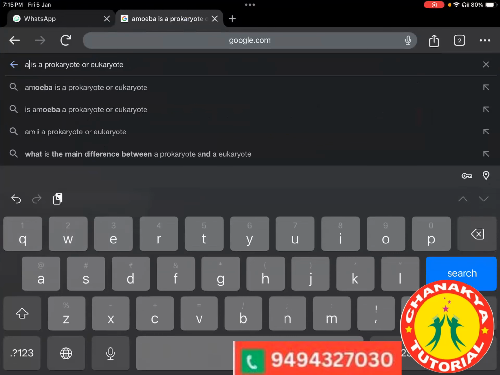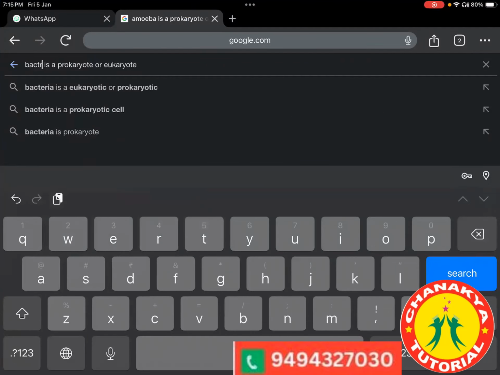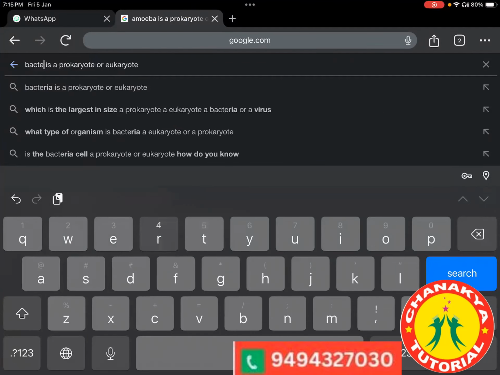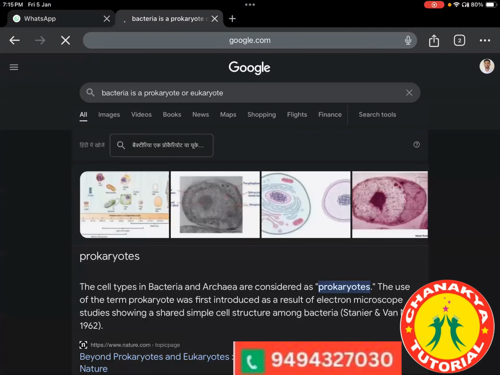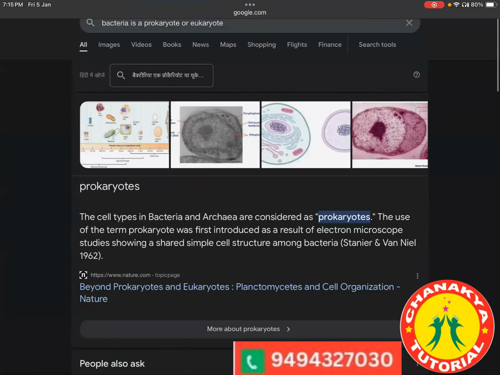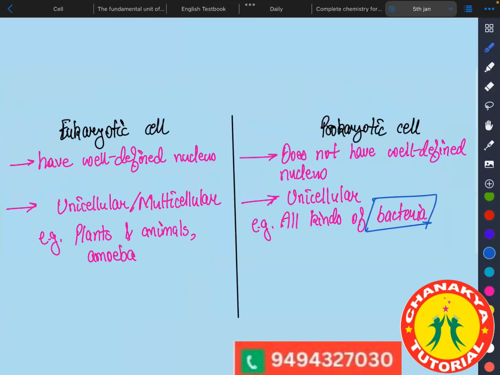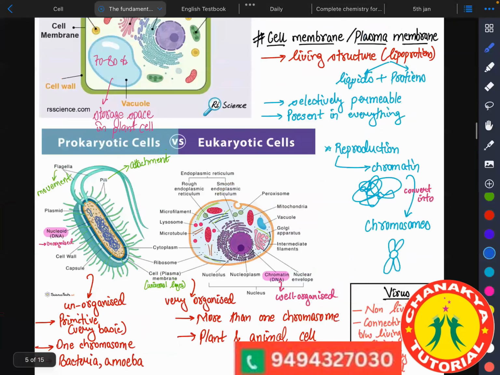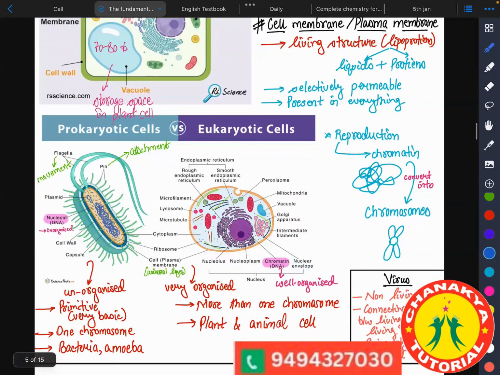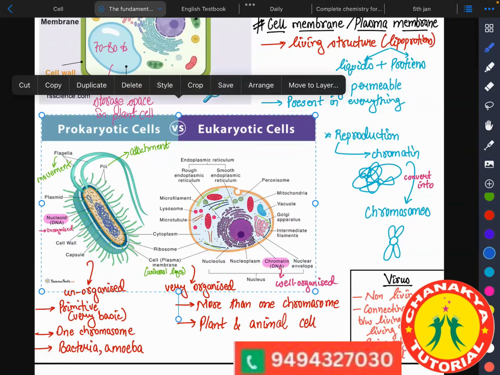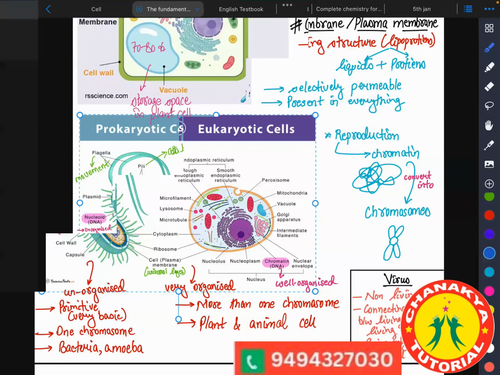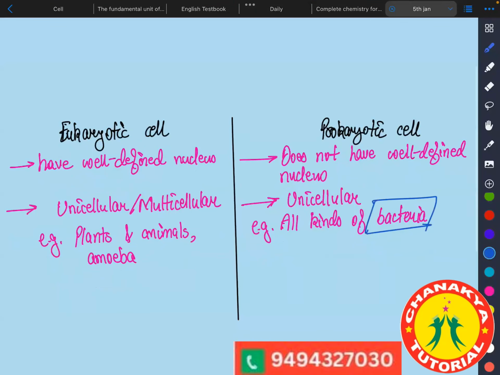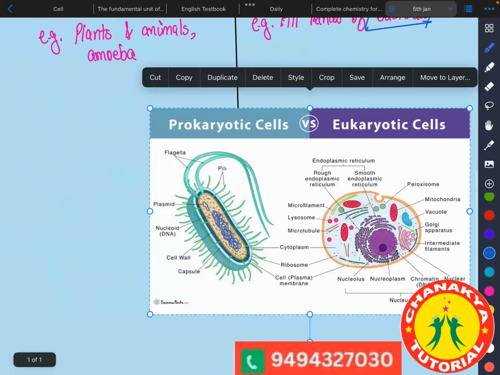Sir, you kept an image of a bacteria cell and an animal cell side by side. Can you show that once again so I can take a screenshot? Which one? This one. I'll take a screenshot.